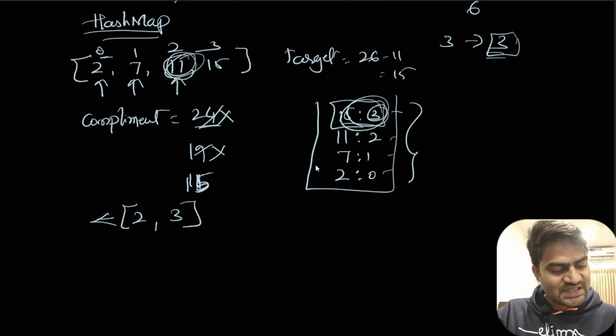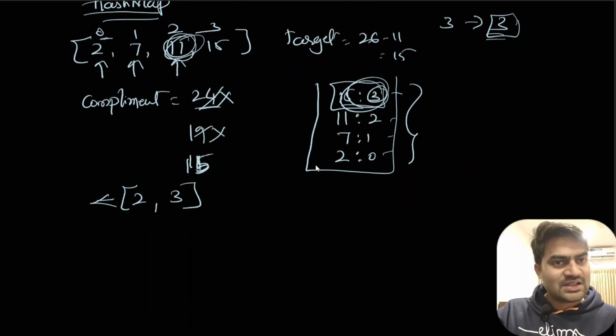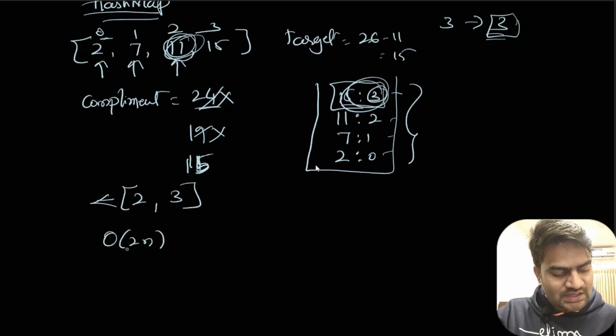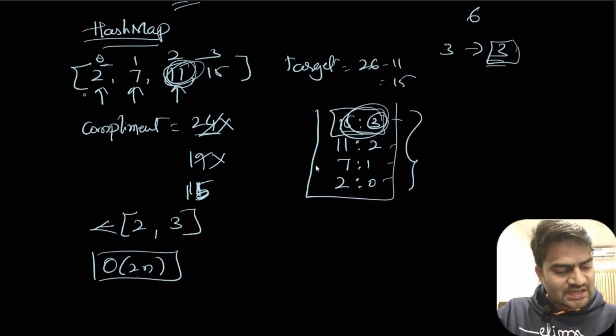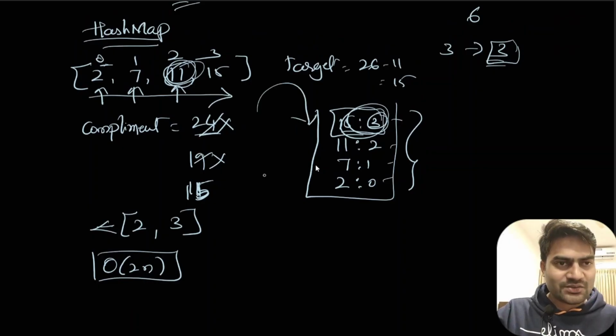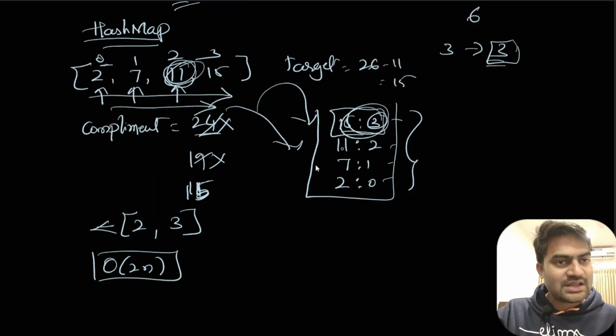So now if you see, we have boiled down its time complexity to order 2n. How? One time we iterated over the array and we stored elements into the hash map. Then the second time we again iterated and we checked for the complement, and whenever we found the complement, that time we returned the value.